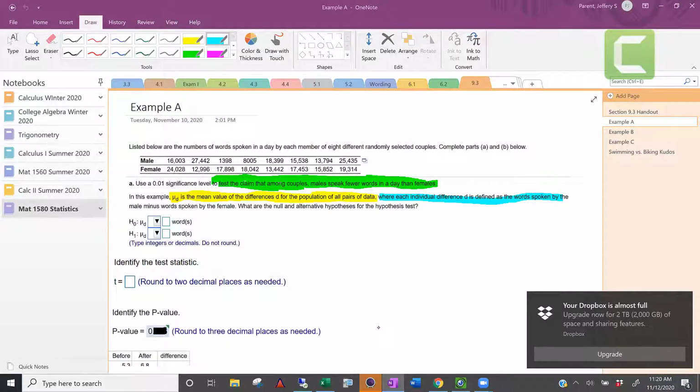So we'll start with example A. Example A talks about the number of words spoken in a day by each member of 8 randomly selected couples. It says in part A, use a 1% significance level to test the claim that among couples, males speak fewer words than females. Well, let's give that a shot.